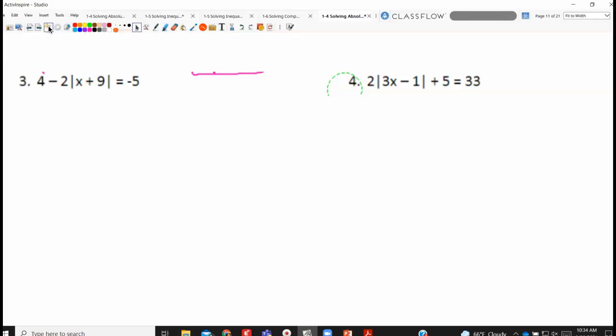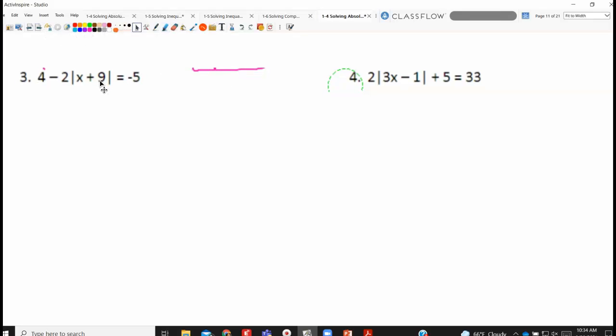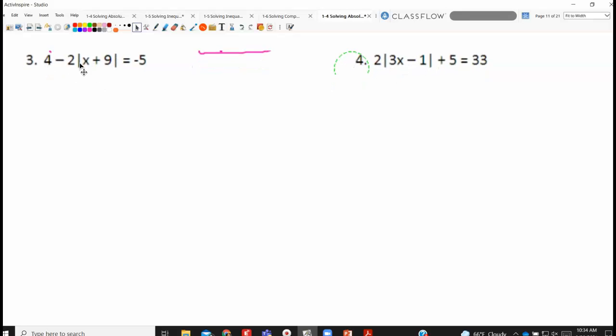In these examples here, what happens is we have the absolute value being manipulated by other parts of the problem. So what we have to do is isolate the absolute value before we can split the problem. So I need to get the absolute value of x plus 9 by itself.